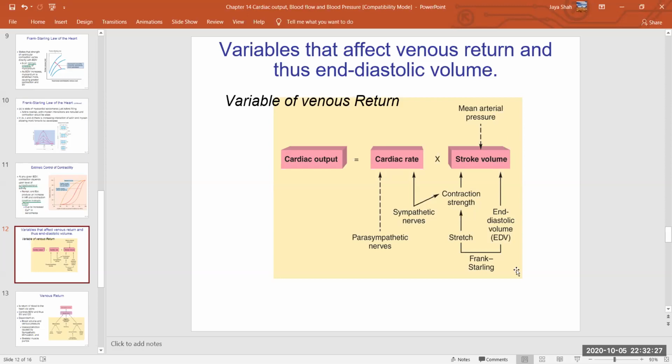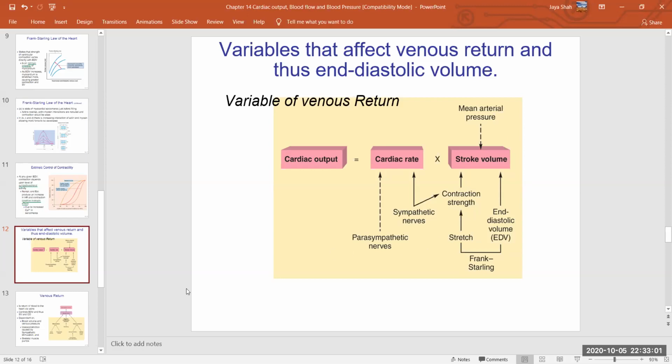Whereas, based on the principle of Starling's law, the end-diastolic volume and contraction strength affect stroke volume directly. So if you have higher end-diastolic volume, it will result in increased stretch in the wall of the ventricle, and so increased force of contraction and increased stroke volume.